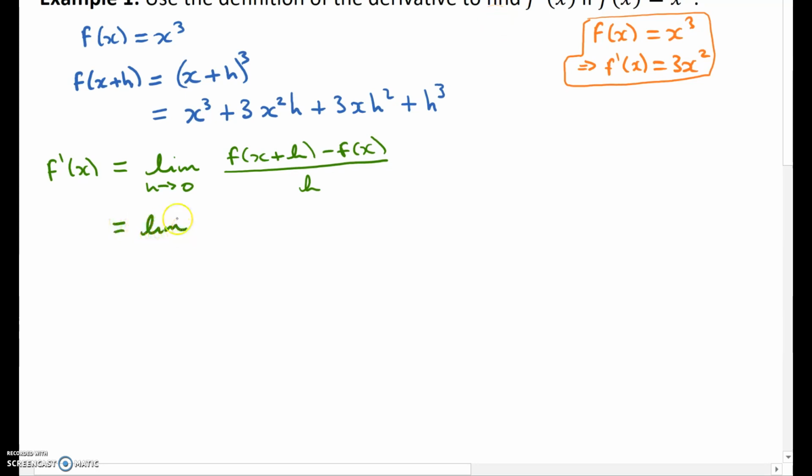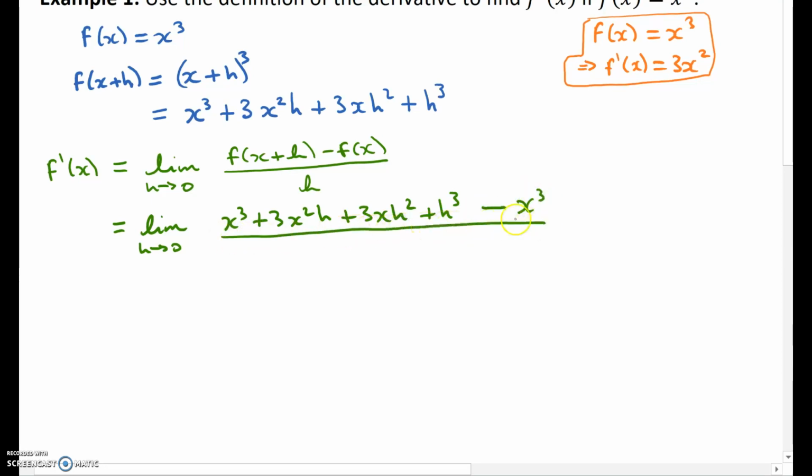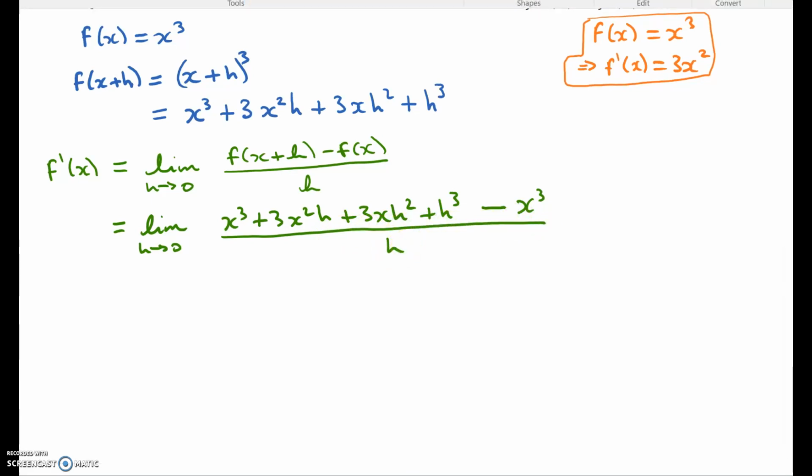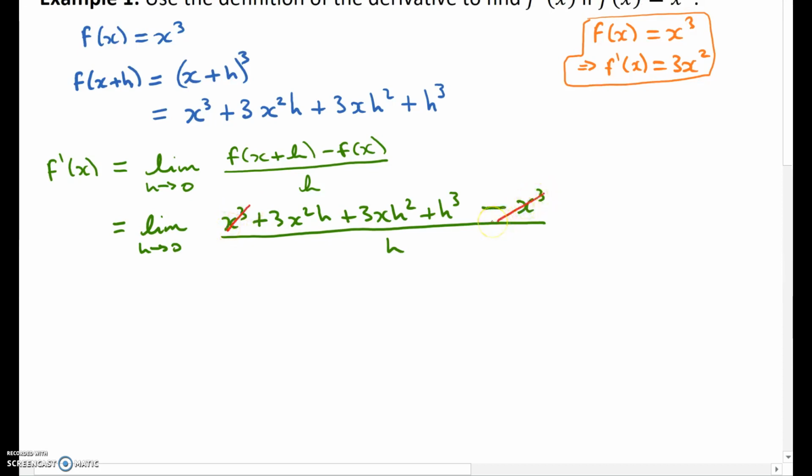That's going to give you the limit as h approaches 0. f of x plus h is x cubed plus 3x squared h plus 3xh squared plus h cubed minus f of x. So minus f of x is x cubed, all over h. Well, you have x cubed minus x cubed in there, so you can remove those, because take one away from the other.